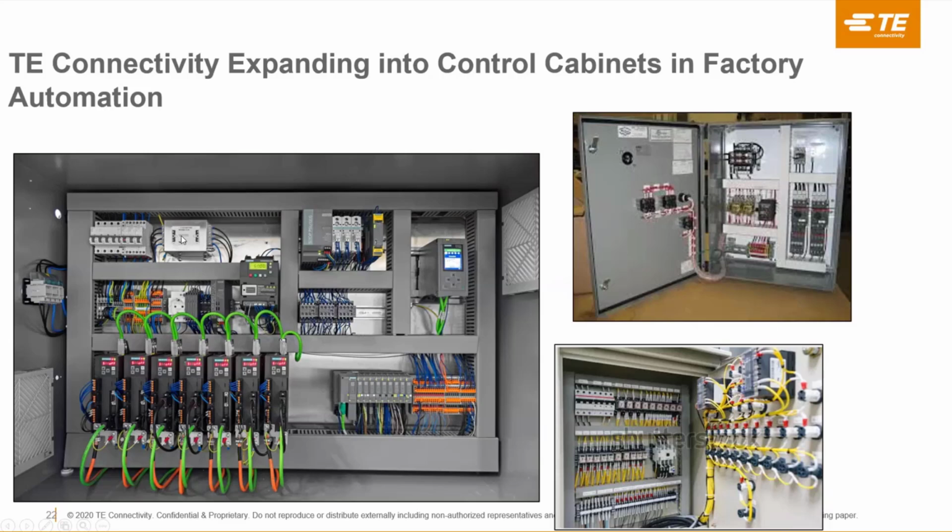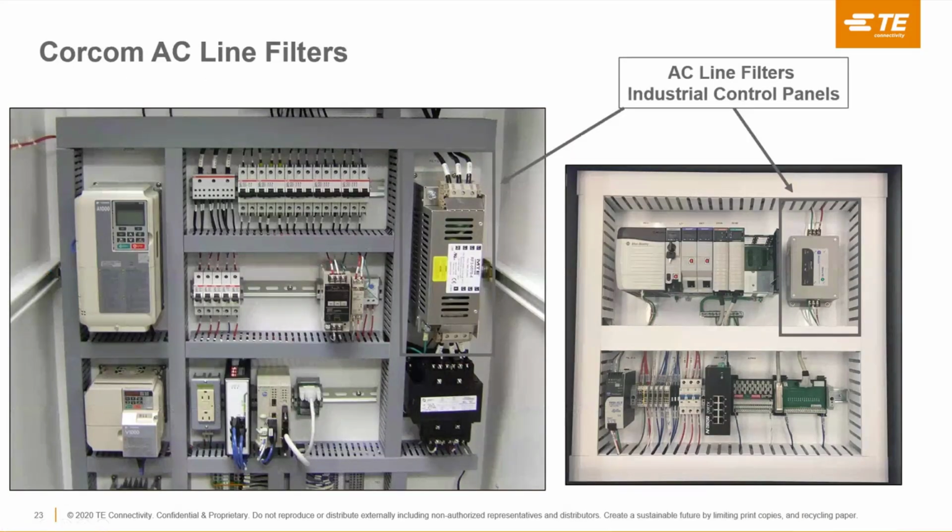That three-phase filter comes before all the drives, the PLCs, the VFDs in the system, cleaning the dirty power coming into the system before it goes to the devices within that control cabinet. Next slide has some more examples as well.